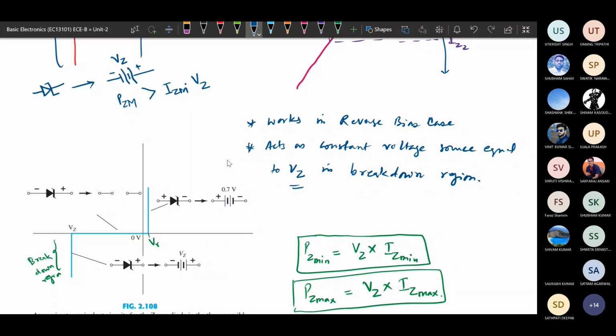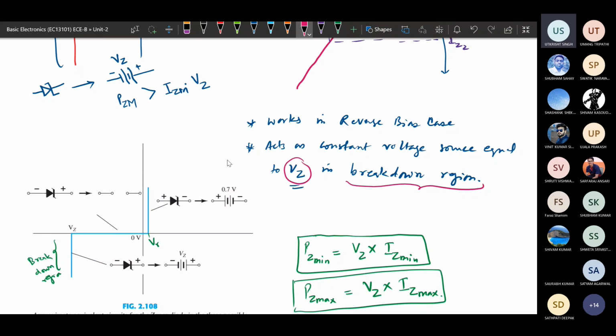To make a Zener diode work as a voltage regulator, we need to maintain the condition that it is going to work in breakdown region. So we should be applying input voltage such that it is working in breakdown region only. Once it is inside this breakdown region, only then will it be replaced by a constant voltage source VZ.